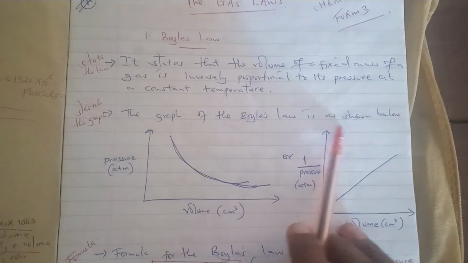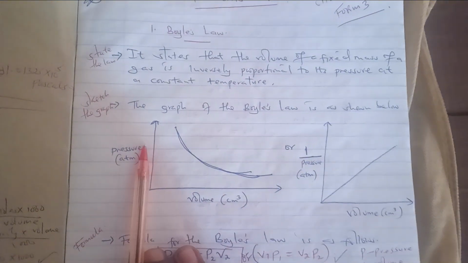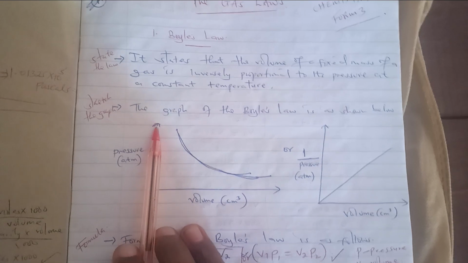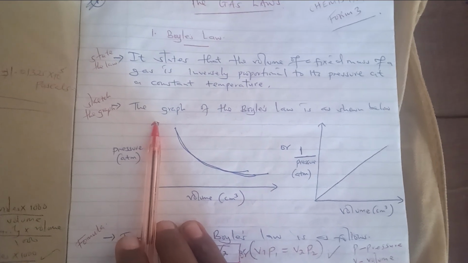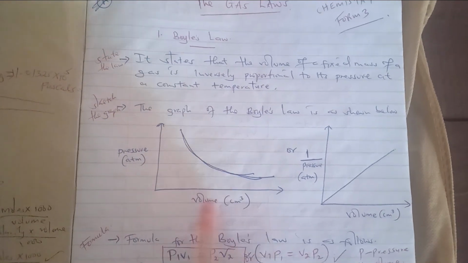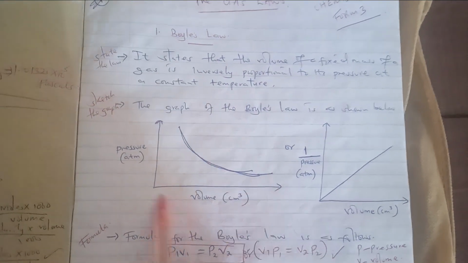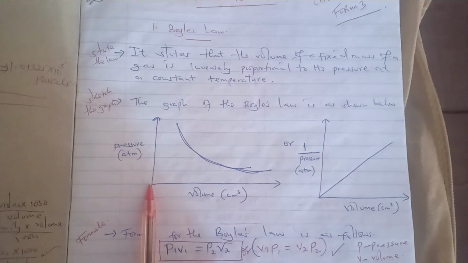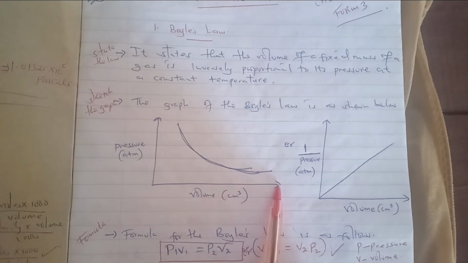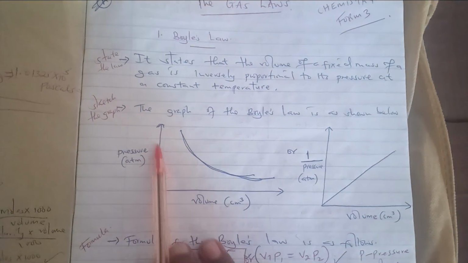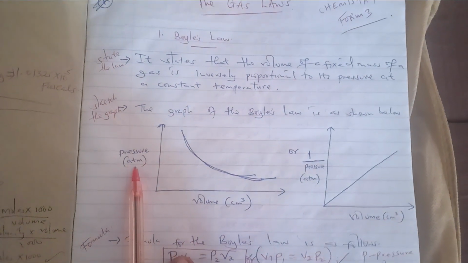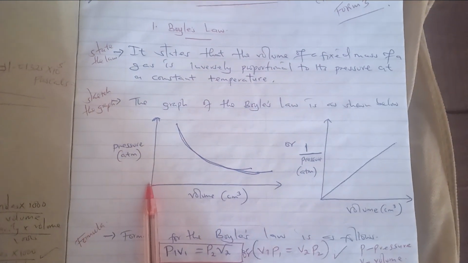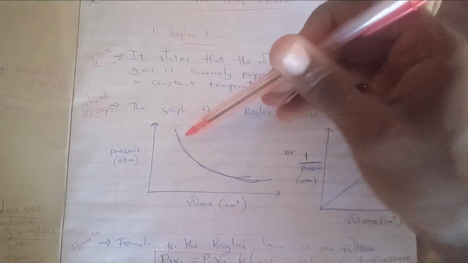Then the graph. How do you sketch the graph? The graph of Boyle's law is as shown below. When we plot pressure against volume, or volume against pressure, it looks like this. We have the volume on this axis here, and this is the pressure in atmospheres on the vertical axis. This is how you draw it.